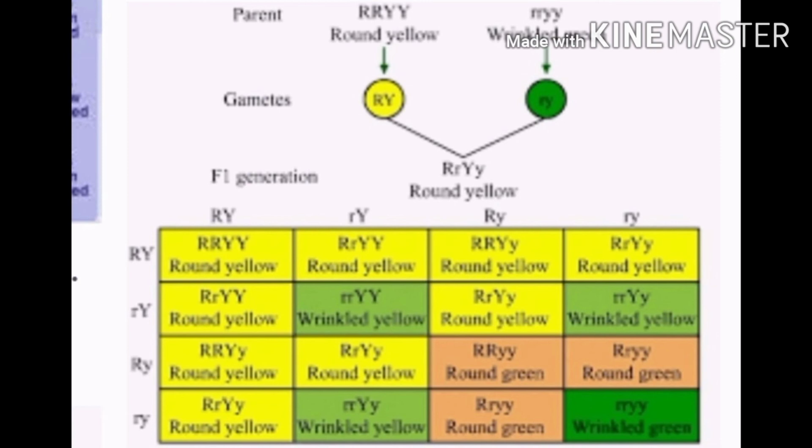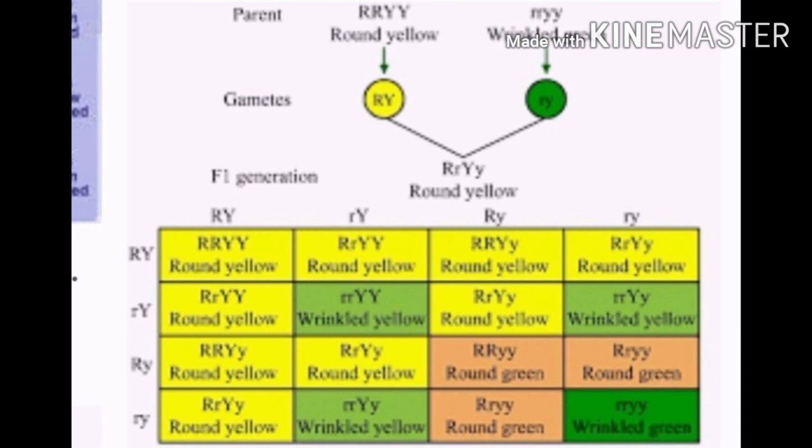It will never be that you have inherited all the characters from your father or all the characters from your mother. And similar will be the case of your brother and sister. That is why, even though you have taken birth from the same parents, you and your brother or sister will look different because of independent assortment of the genes, which is giving rise to different types of progenies.